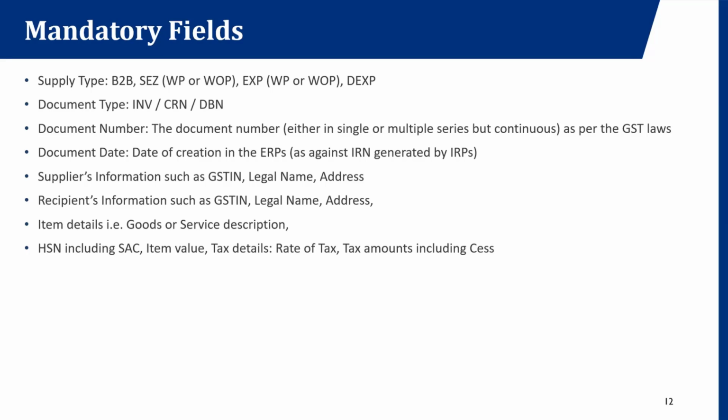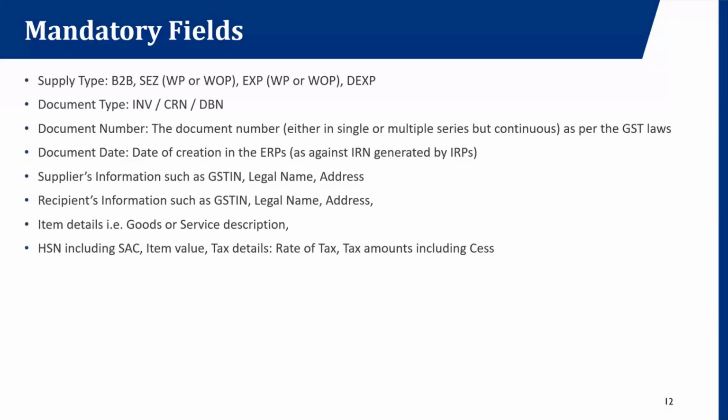What is the type of supply? Then the document type, whether it is an invoice, credit note or debit note, needs to be mentioned. The document number and document date need to be mentioned. The supplier's information, such as GST number, legal name and address, and the recipient's information need to be mentioned.